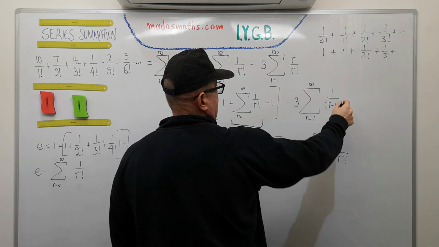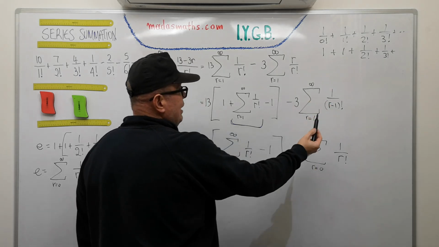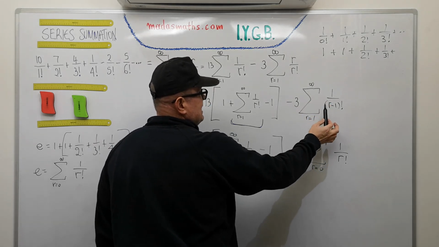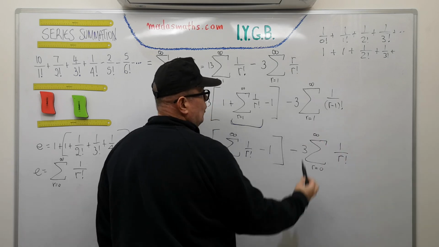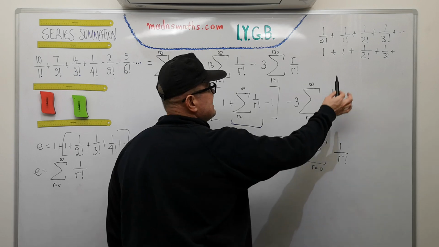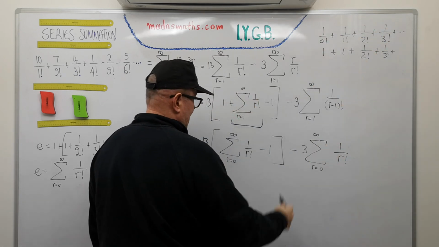So in fact, this, I don't even need to rewrite it, we should be able to see it, is in fact just e. And all I've done in here is shift r into r plus 1, so this became an r factorial and my summation started with 0. It's exactly the same terms. So this bit here generates these terms and so does this one as well.